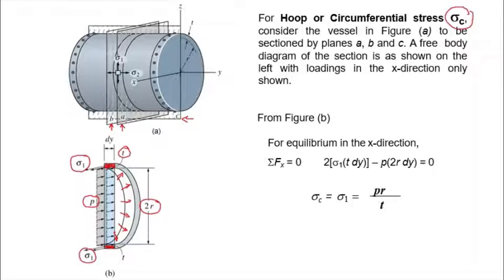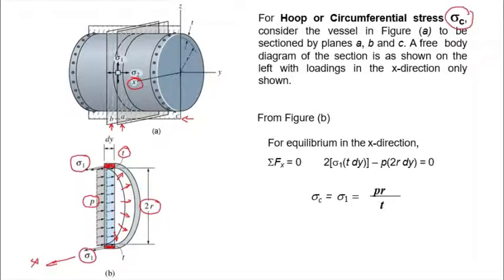So from this diagram, what we can do is take equilibrium of forces in the sigma direction. You can call it the x direction, because the diagram above gives you the x direction in this direction.